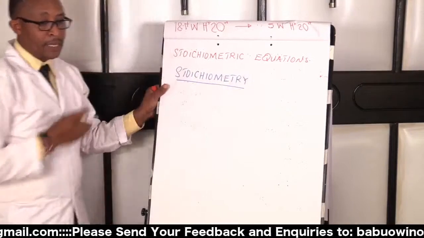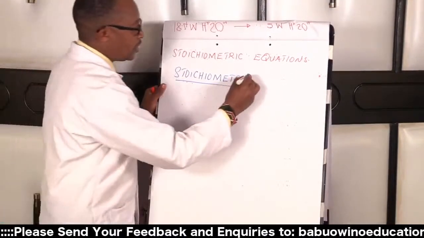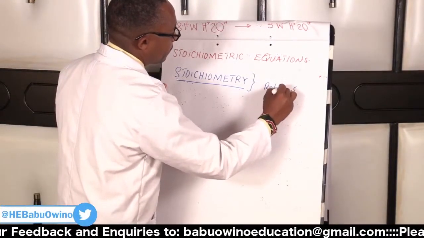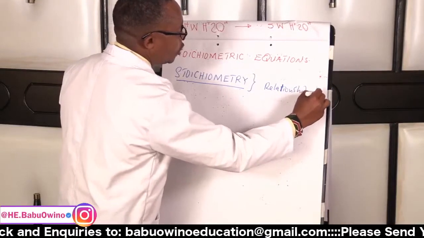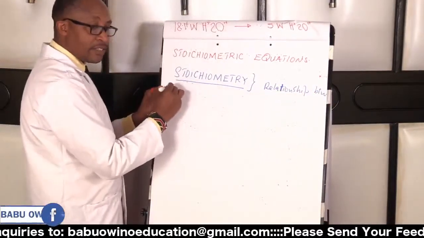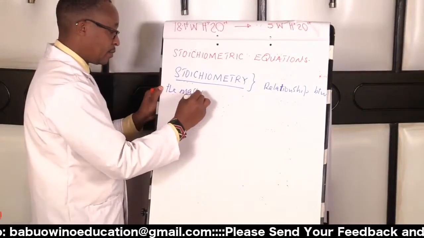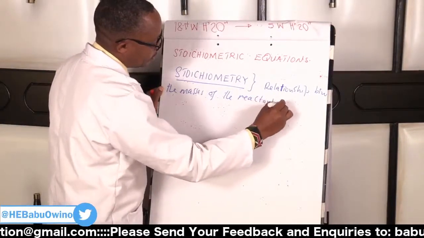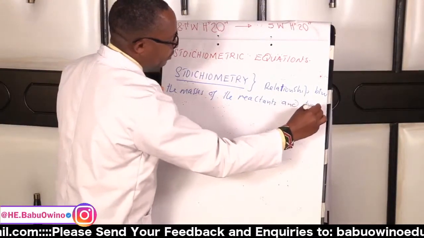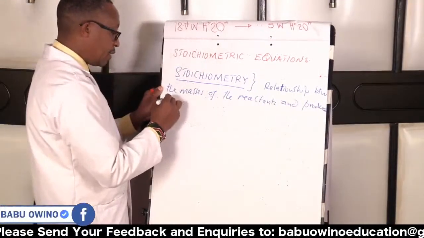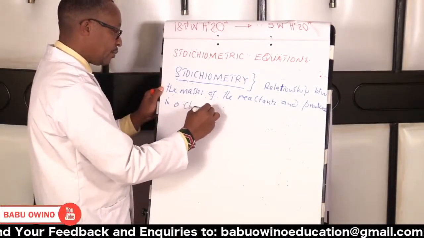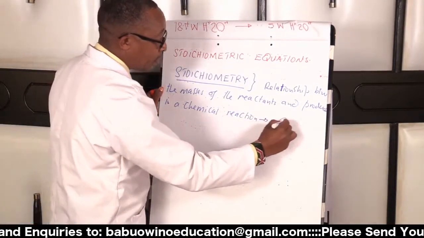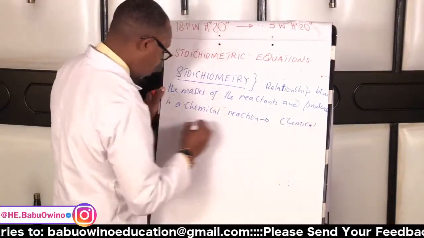Stoichiometry is the chemistry of the relationship between the masses of the reactants and products in a chemical reaction, resulting in a chemical equation.